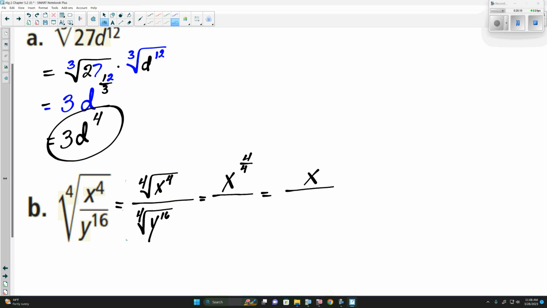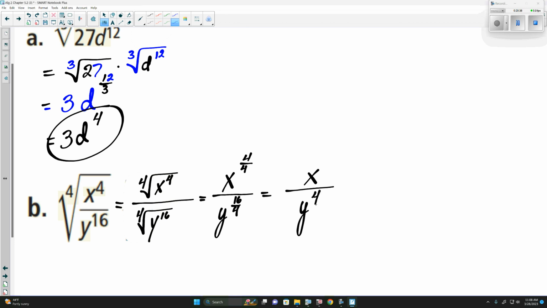Now the denominator, the 4th root of y to the 16 would simplify to 16 over 4. The 16 on top comes from the exponent, and the 4 is our root. Now 16 divided by 4 simplifies to 4.